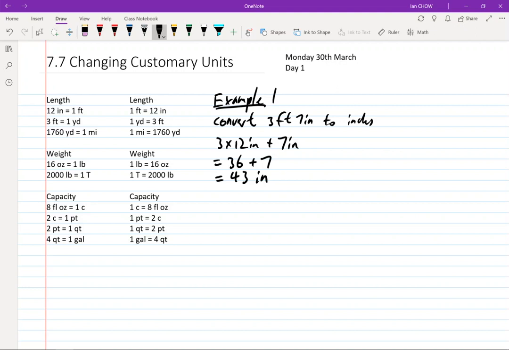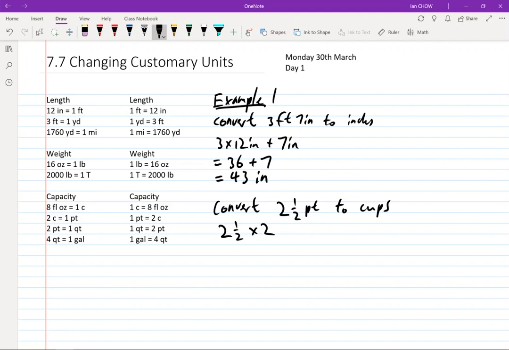Let's try to convert 2.5 pints to cups. 1 pint is equal to 2 cups, so to convert 2.5 pints to cups, we multiply 2.5 by 2.